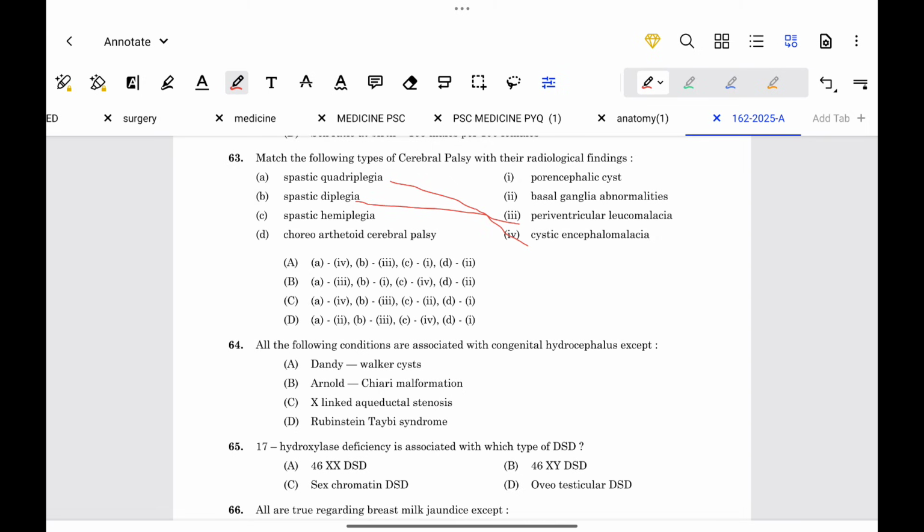Then spastic hemiplegia is porencephalic cyst. Choreoathetoid cerebral palsy is basal ganglia. So here A is option 4, then B is option 3, C is option 1 and D is 2. Option A is the correct answer.